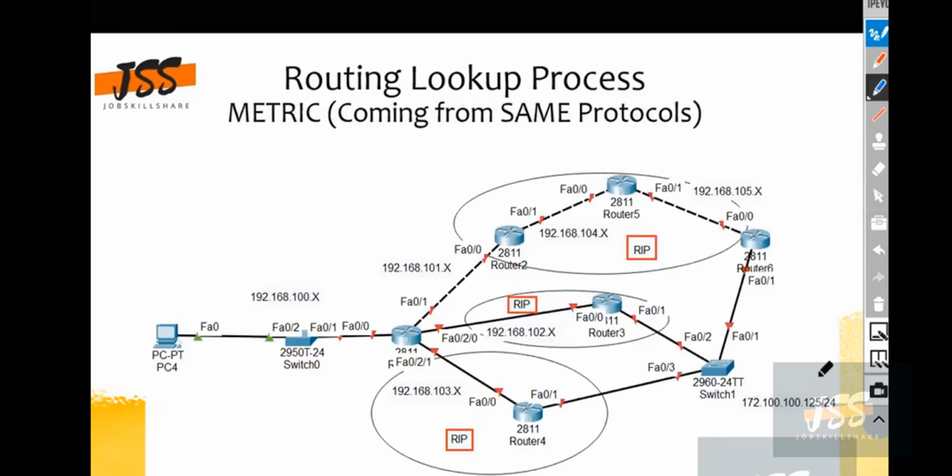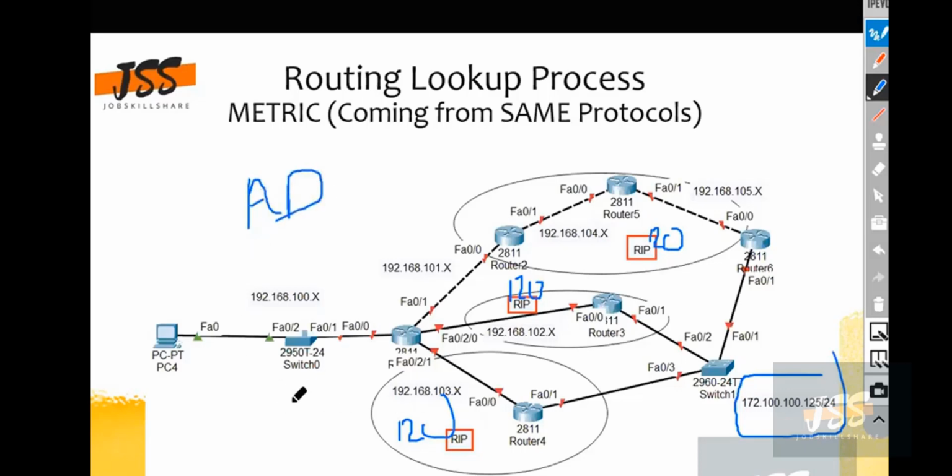What if we have the same scenario, but with multiple paths to reach this destination, and we are using the same protocol, which has the same believability, 120, 120, 120? Now, administrative distance. Crystal, can you tell me what is going to happen?